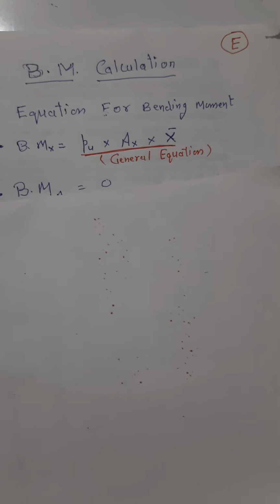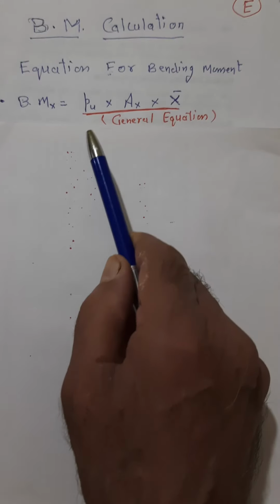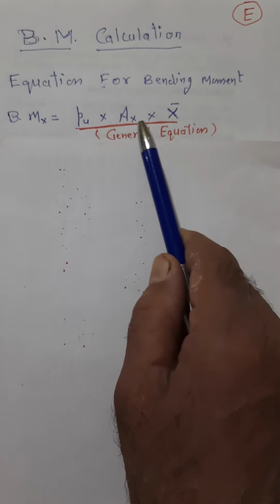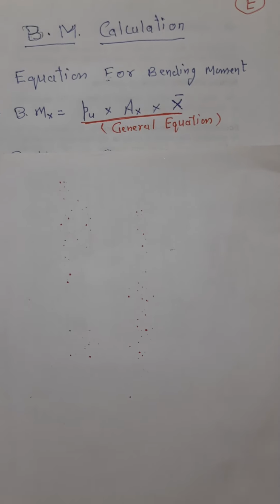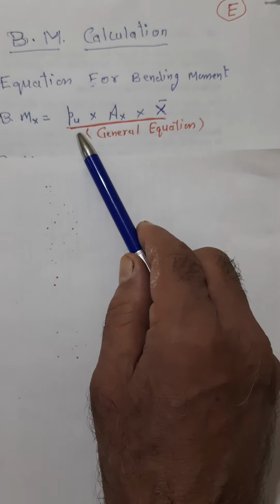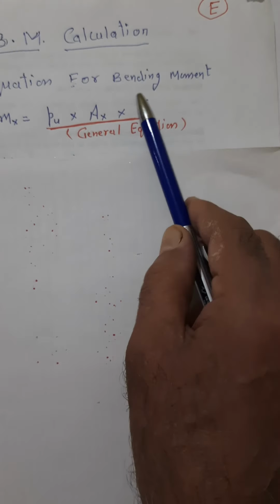Now again I will start with the general equation. What is bending moment? Upward pressure into area into Cg. Upward pressure, we know that is 166.67.